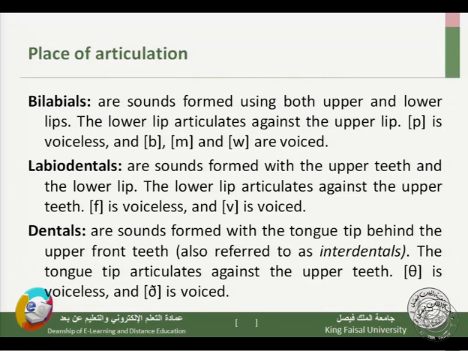But what we should understand is that when we produce sounds using our lips, there is only one lip that is making a real movement, which is the lower lip. The upper lip is fixed at one level, and the lower lip is moving up and down. So the lower lip articulates against the upper lip.